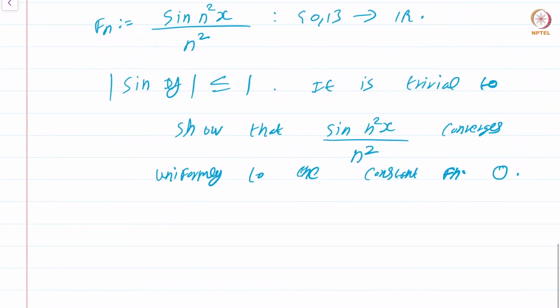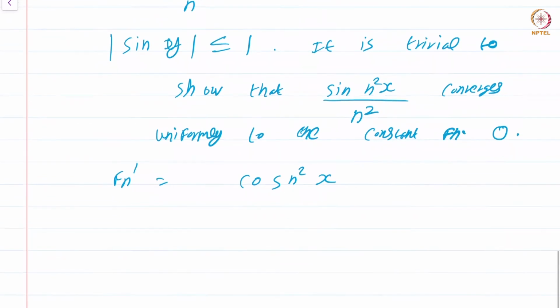Now, where's the catch? What is the derivative of fn? Well, fn prime is just cos(n squared x), and the n squared in the denominator will vanish by the chain rule. Look at fn prime and look at f prime. f prime is of course identically 0, because the sequence fn converges to the identically 0 function.